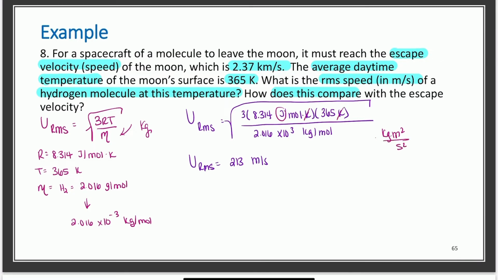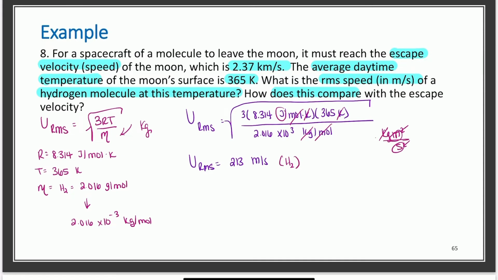So I've got kelvins canceling, moles canceling. Taking the square root, kilograms canceling, I get meters per second. So the root mean speed of H2 is 213 meters per second.